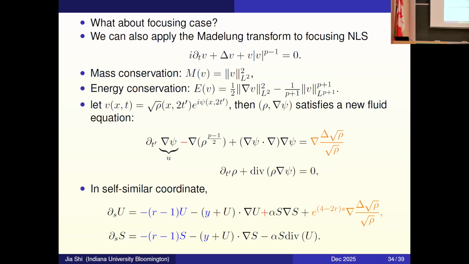Yeah, this is negative pressure. And of course this is high dimension, but this derivative loss can already be seen from 1D, and the high dimension doesn't make any difference, because we can always impose a radially symmetric assumption, and then all the derivative loss will happen as well.